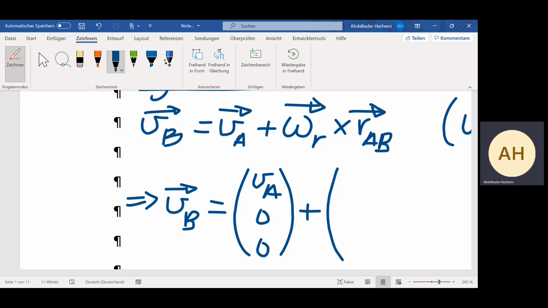Then it's only in the Z direction, there is no component in X and Y.